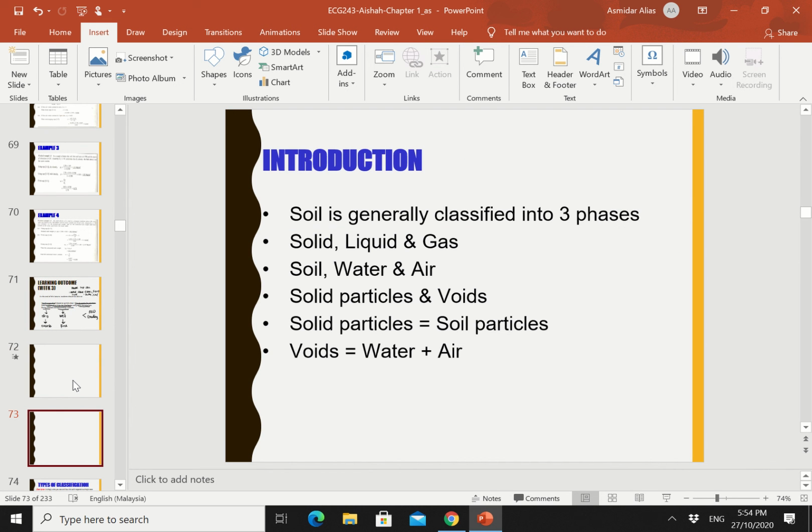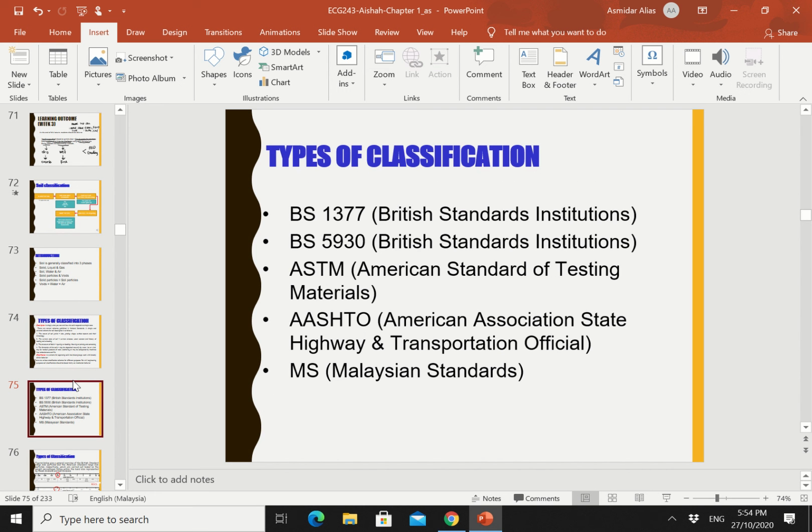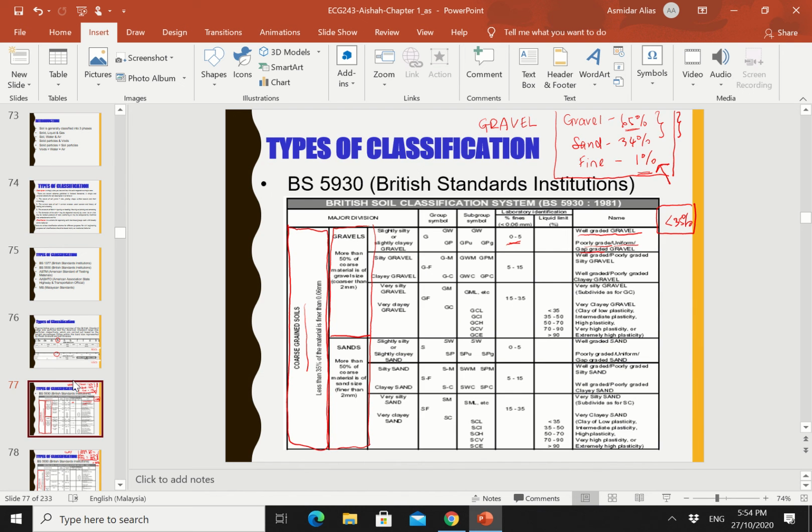Different types of soil will give you different types of data. And the beauty of naming the soil is that you do not know what soil classification you will get. Either you get the coarse particle or you get the fine particle.